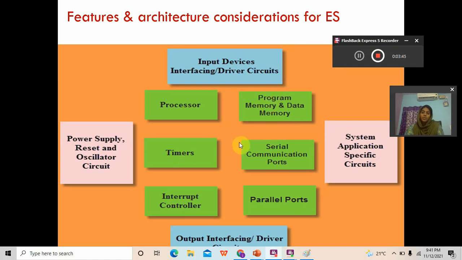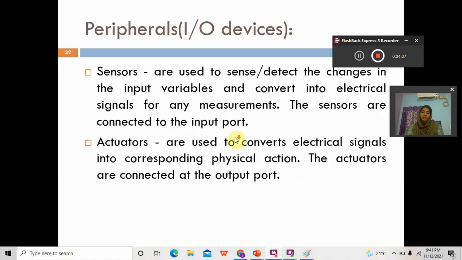Then there are different types of timers, serial communication ports, parallel ports, interrupt controller devices, and output interfacing drivers through which we connect to the output devices. These are the internal blocks of the hardware circuitry of an embedded system.